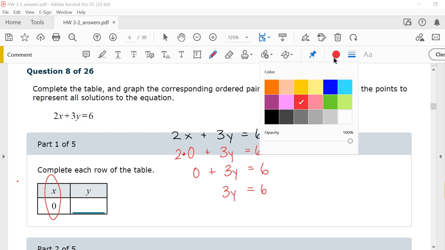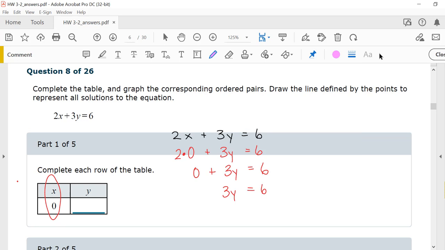To get y by itself, I need to divide both sides by 3. So I have y equals 2. My point is 0, comma 2.